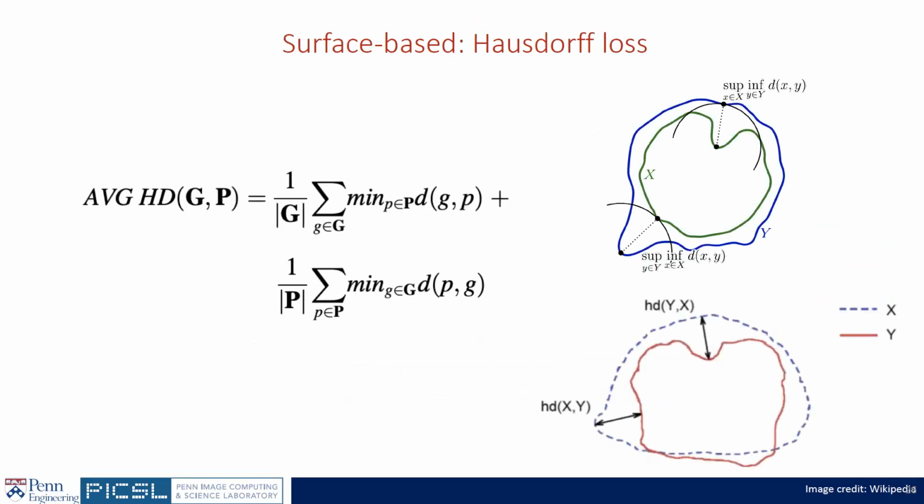The second kind of loss that I was talking about is this notion of Hausdorff loss, where let's say the blue curve represents your predicted output and the green represents your actual ground truth, and you're trying to compute how far apart the prediction is from the ground truth.